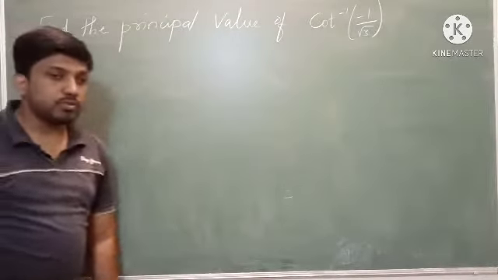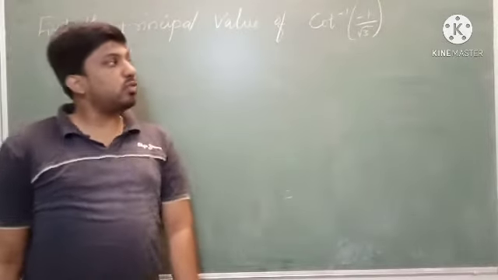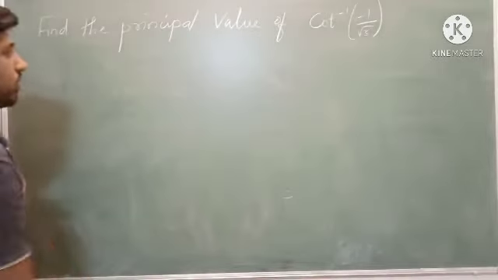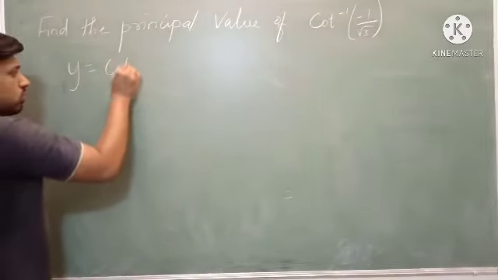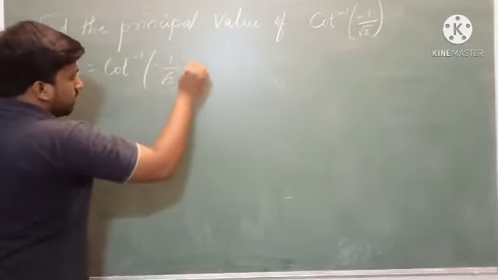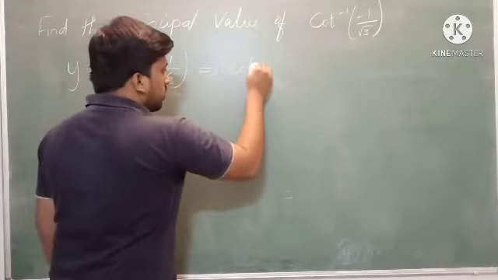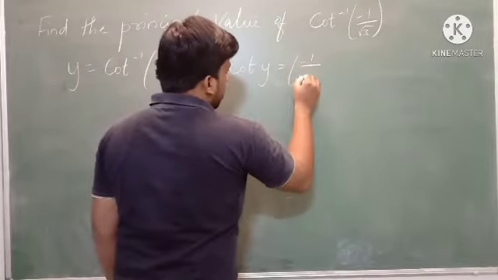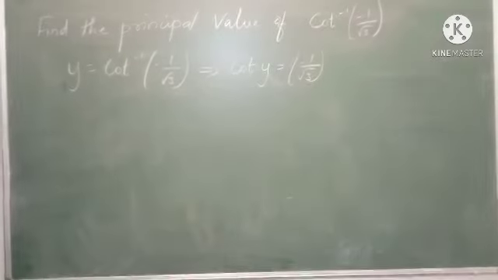So the next problem is a 2 mark problem. Find the principal value of cot inverse of minus 1 by root 3. They are asking us to find the principal value. How to find it? Let me take first y is equal to cot inverse of minus 1 by root 3. Then if you take cot this side, it becomes cot y is nothing but minus 1 by root 3, isn't it?